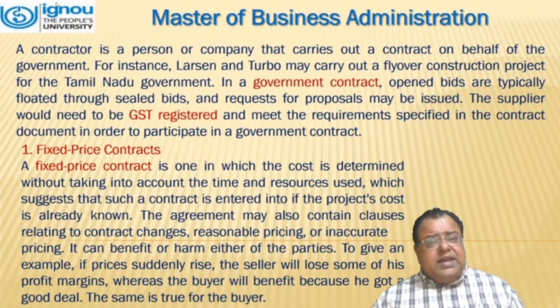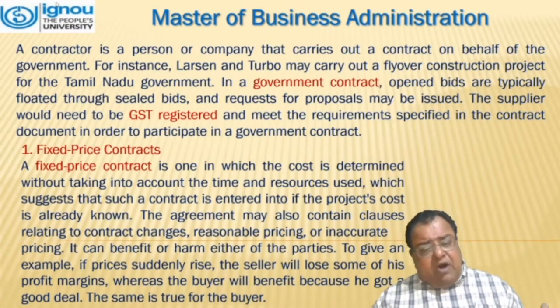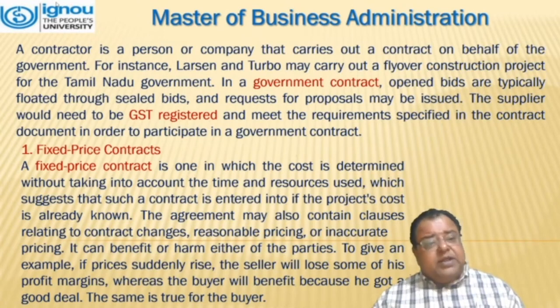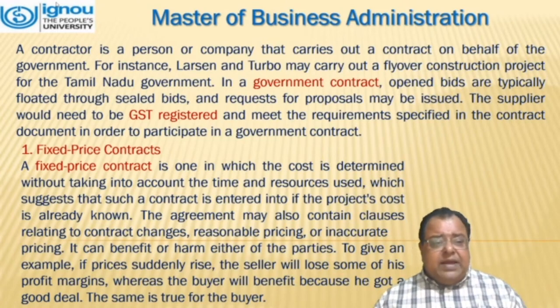For instance, Larsen and Toubro may carry out a flyover construction project for the Tamil Nadu government. In a government contract, open bids are typically floated through sealed bids and requests for proposals may be issued. The suppliers would need to be GST registered and meet the requirements specified in the contract document in order to participate in a government contract.